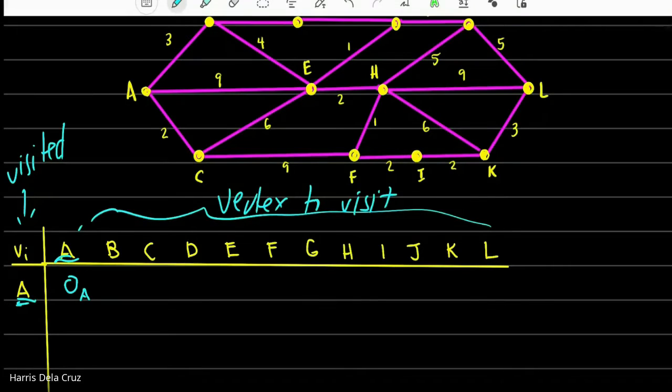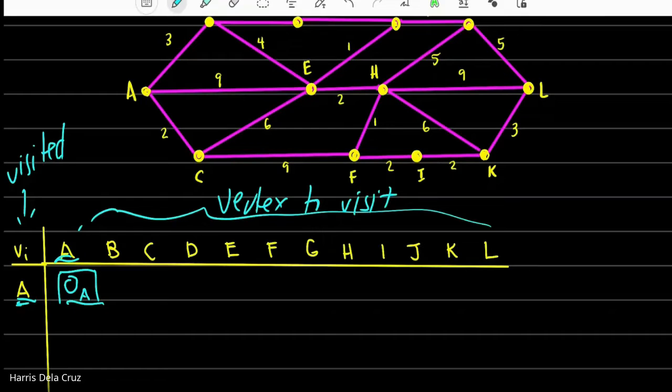Now, always, this is the fixed distance, fixed label for our initial vertex. Lagi yon. Always. So, wala ka pang kailangang isipin dyan. Laging 0 ang initial vertex. Which is sensible naman, di ba? Siyempre, wala ka pang pinupuntahan. 0 pa. Okay. So, lahat ng hindi mo pa napupuntahan, magiging unreachable yun.